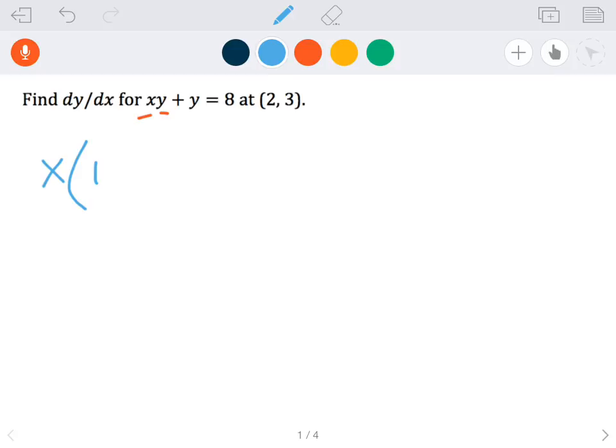But because y is not an x, I need to add the chain rule, so I have dy dx. Because the variable I'm differentiating with respect to doesn't match, I've got to follow the chain rule and do that dy dx. So I've got the first times the derivative of the second plus the second times the derivative of the first.